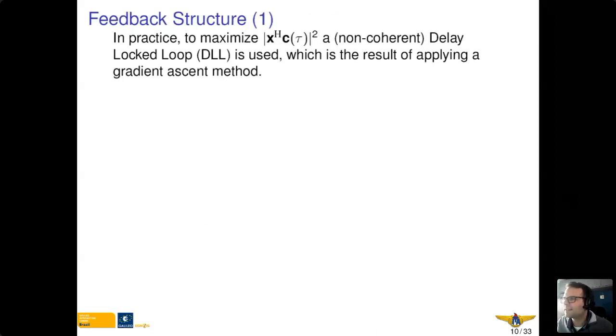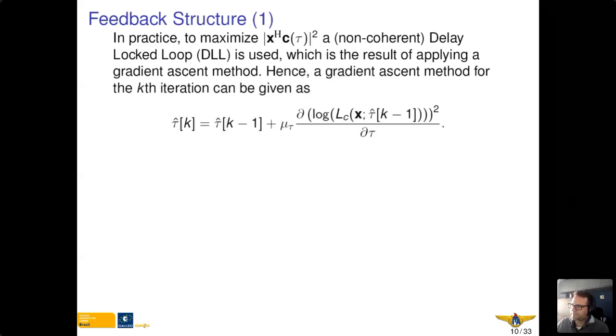And in practice, to maximize this cost function, so the x Hermitian c and then the absolute value squared, a non-coherent delay lock loop is used, sometimes also a coherent delay lock loop. We will focus in this short part on a non-coherent delay lock loop, which is the result of applying a gradient ascent method.